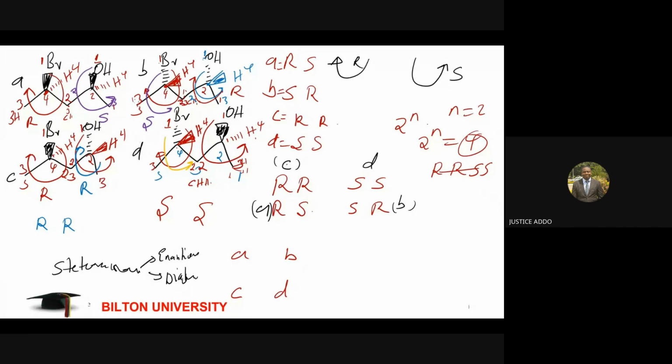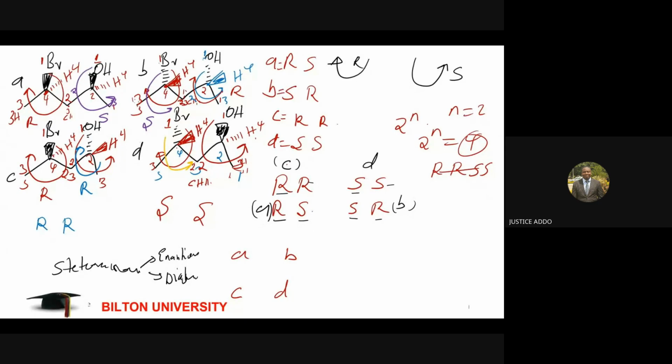I want you to pay more attention. If you look at molecule A and B, you see the chiral center is changing from R to S, and also S changing to R. If you look at C and D, you can also realize that our chiral center changes from R to S, and the other is also changing from R to S. When a chiral carbon changes from one configuration to another, they become enantiomers.